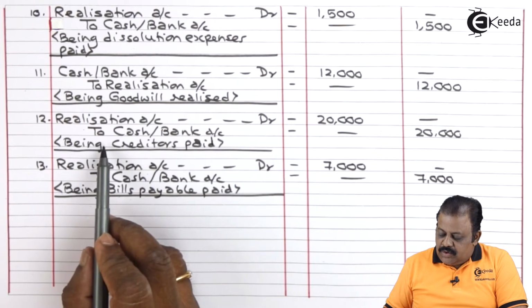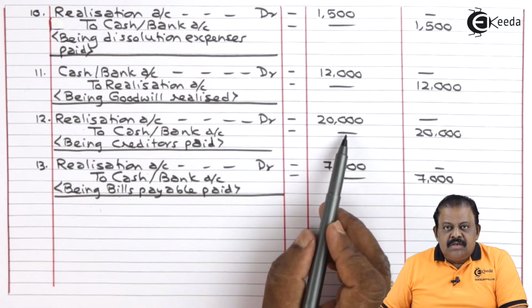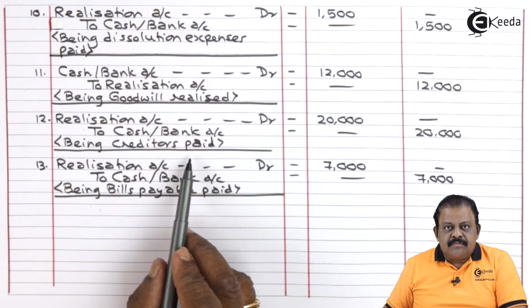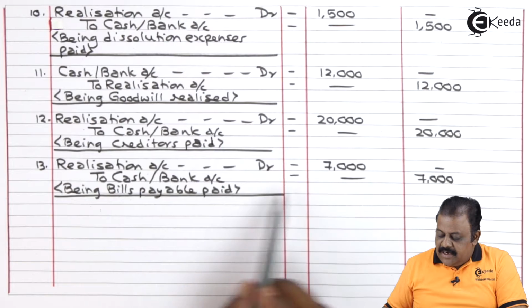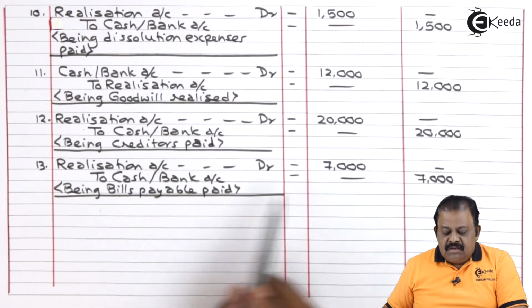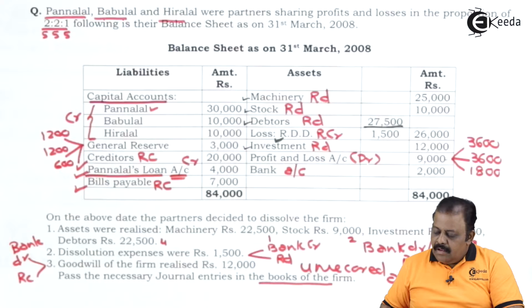Realization account debit to cash bank account 20,000, being creditors paid. Realization account debit to cash bank 7,000, being bills payable paid.